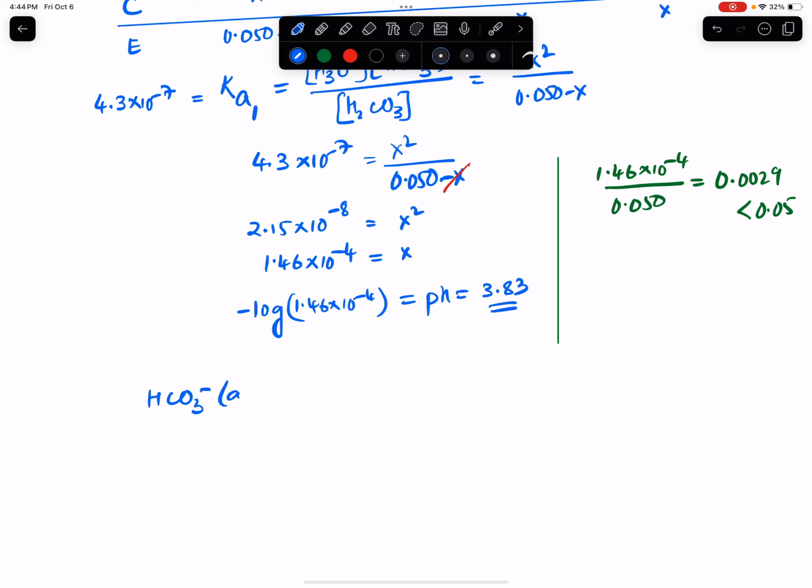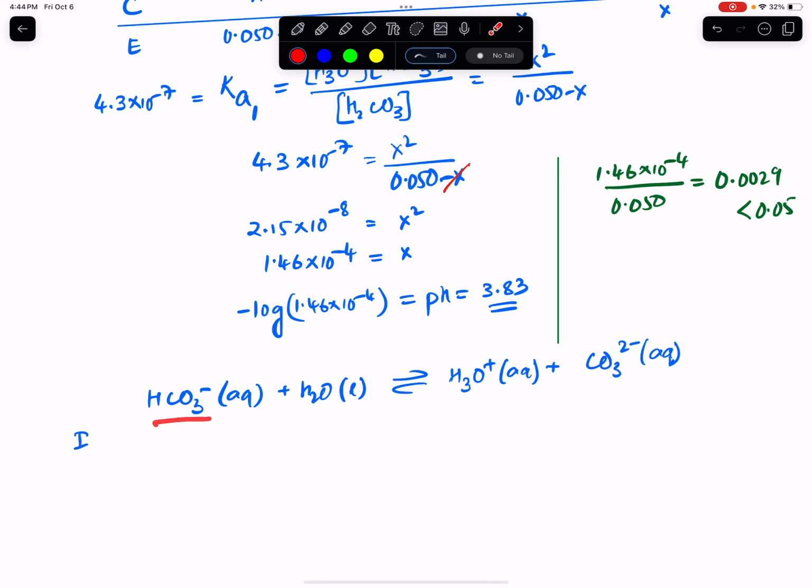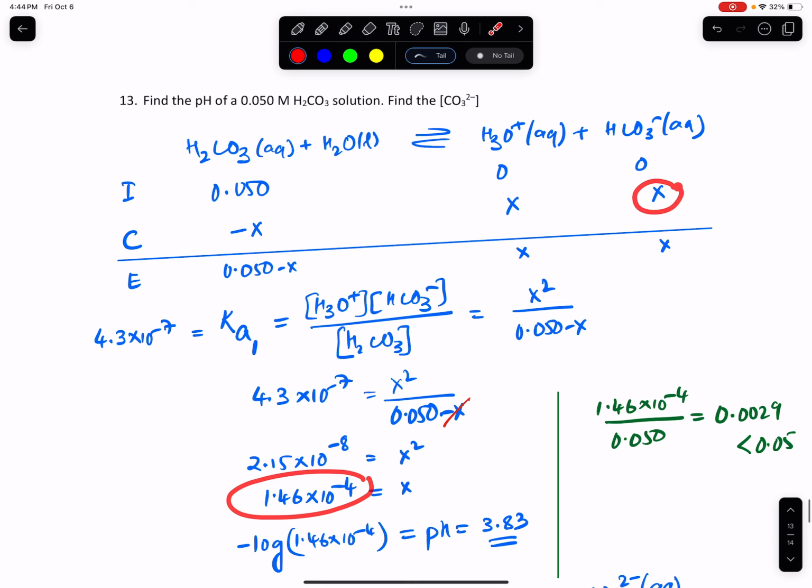HCO3 minus plus H2O gives us H3O plus and CO3 2 minus. Now initially, what do we have for HCO3 minus? We have x, because that is what x came out to be.